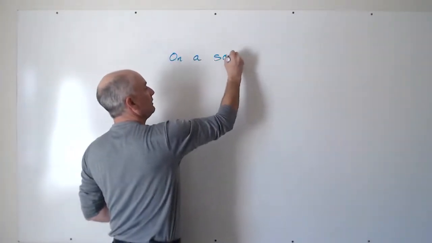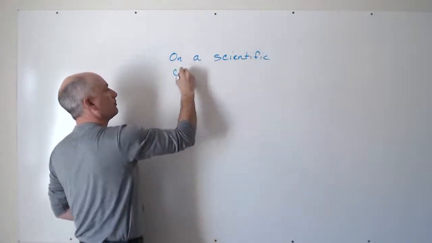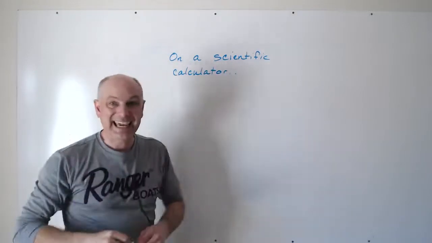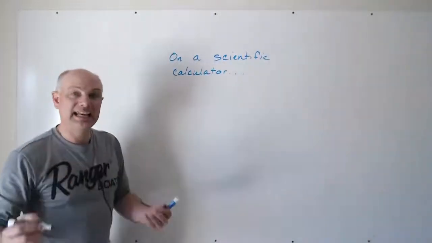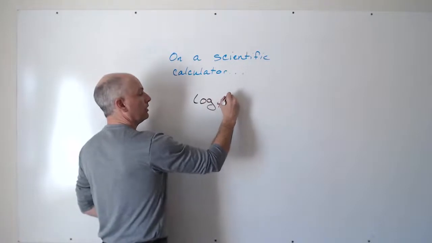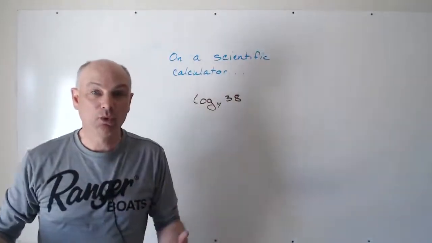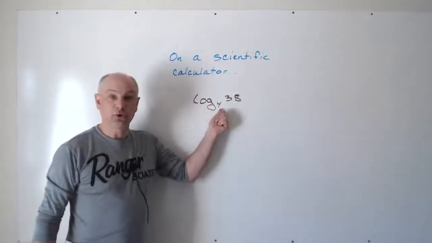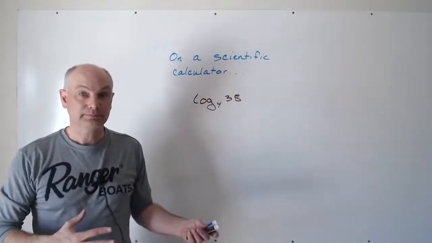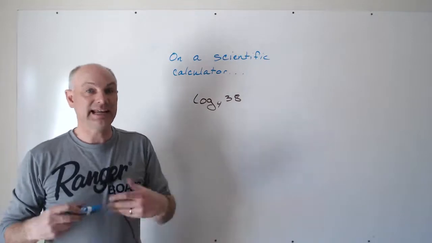So on a scientific calculator, what it cannot do is calculate something like log base 4 of, say, 38, okay? I don't have a way to input base 4 because the calculator is designed only to work in base 10 or base E.